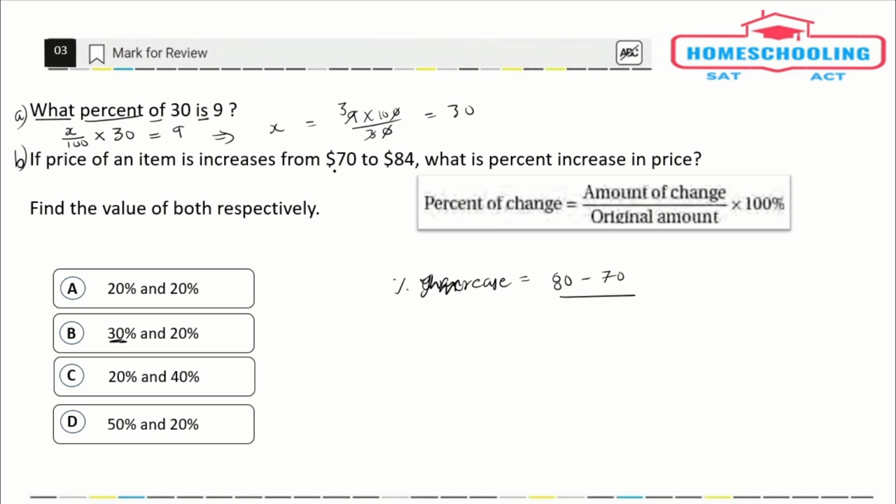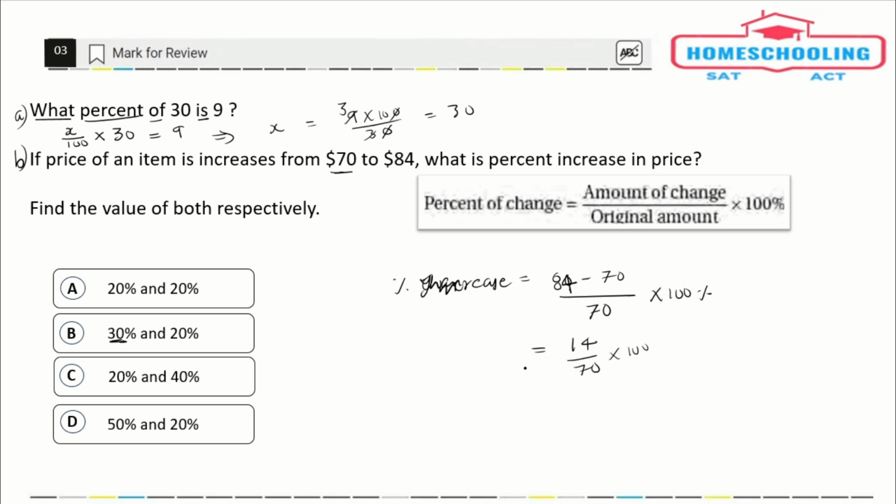Originally it was 70, then it increased to 84. So the original amount would be 70, into 100%. So this would be 14 by 70 into 100.